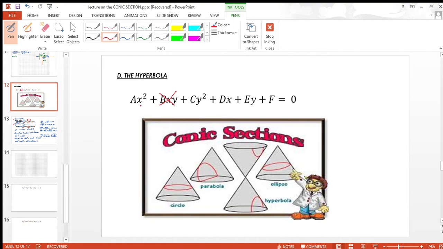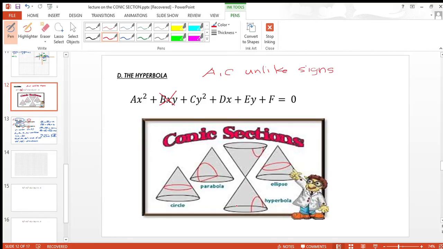A and C will have like signs, but A is not equal to C. Okay, for the hyperbola, still the xy term is missing, and A and C must have unlike signs. So as long as the signs of A and C are not the same, and the xy term is missing, then the second degree equation will refer to our hyperbola.